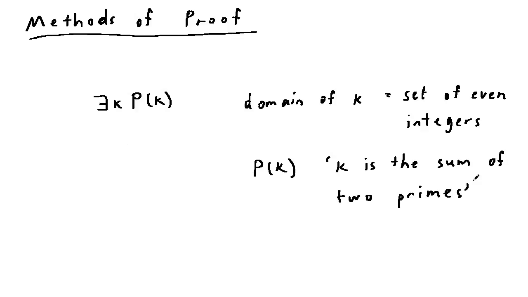Okay, now in order to show there exists a k such that p of k, we just need to find one even integer that is the sum of two primes. In other words, we just need to show p of c for some c in the set of even integers.